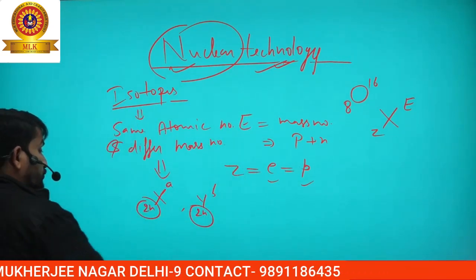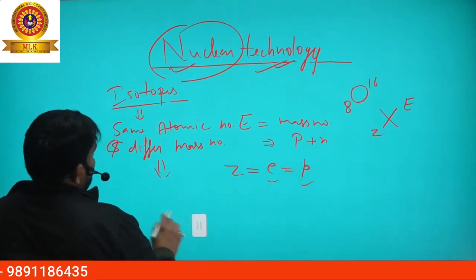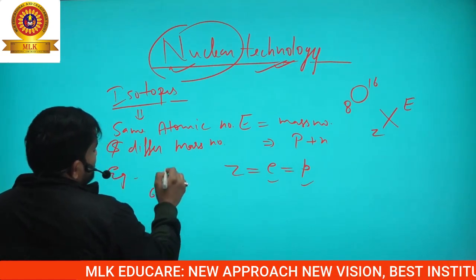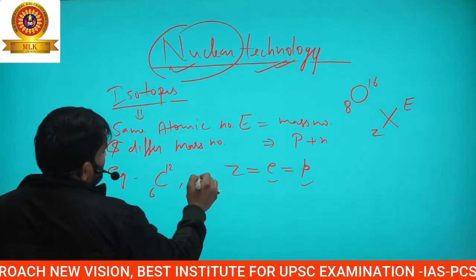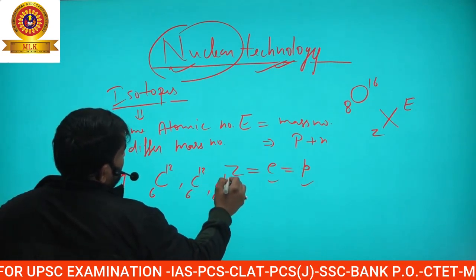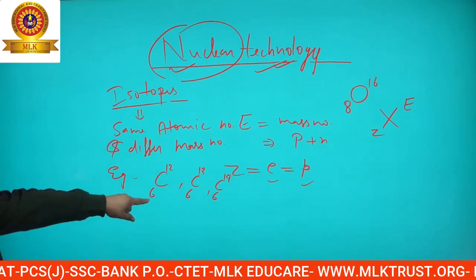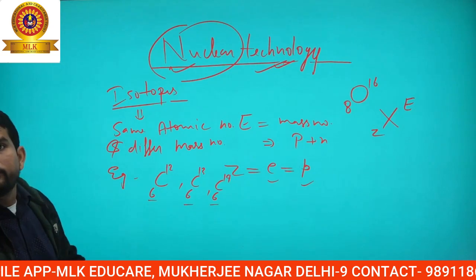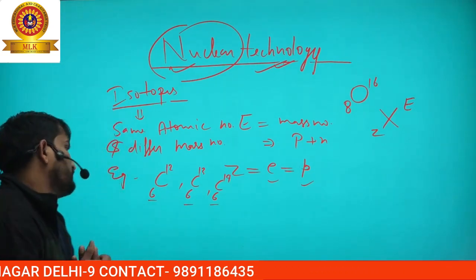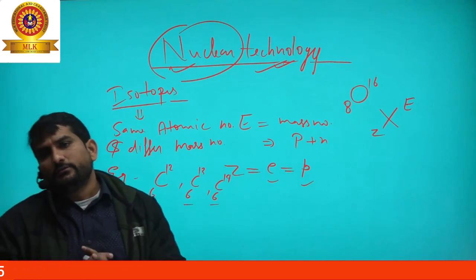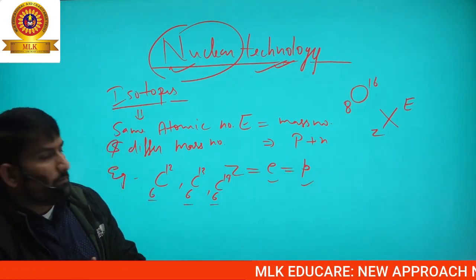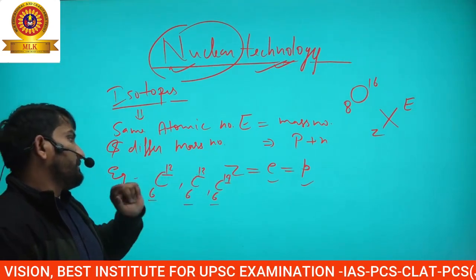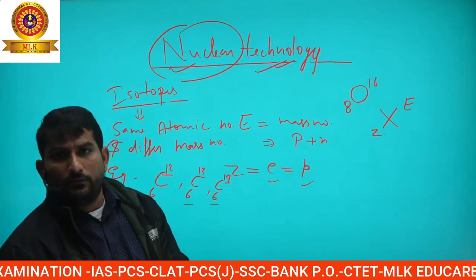Here are the best examples of isotopes, the isotopes of carbon. For example, carbon 6/12, carbon 6/13, carbon 6/14. Here 6 is the atomic number, and it is the same for all three, but the mass numbers are different: 12, 13 and 14.